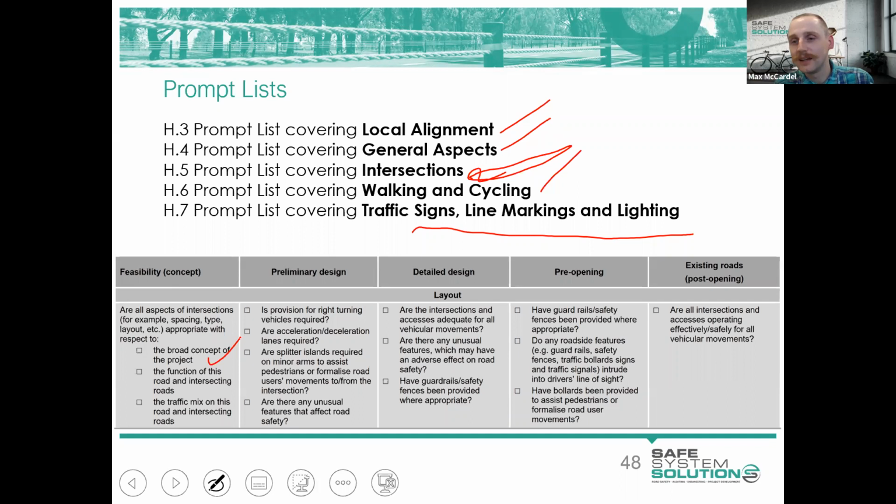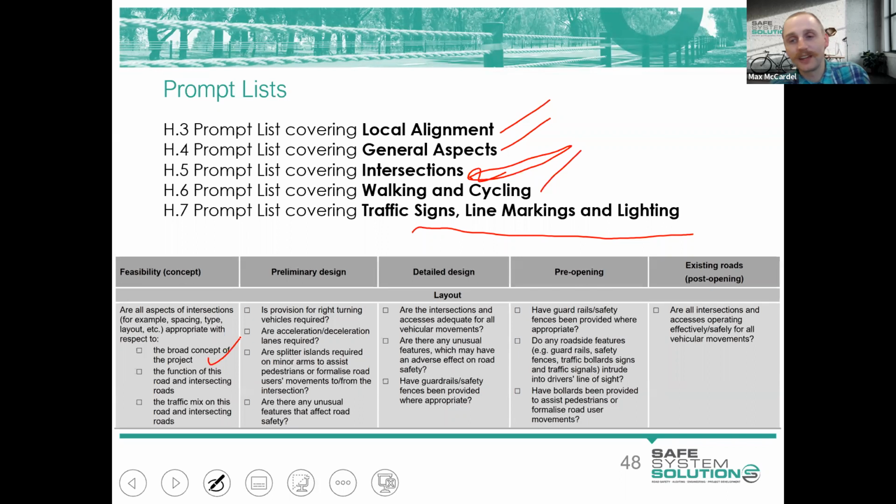You're not expected to then provide a paragraph answer to each of those dot points to stipulate exactly why this project does or does not achieve that particular prompt. They're purely there as a resource, just to bounce ideas off and maybe get the brain thinking in a certain way, something you haven't considered. So yeah, don't be too daunted if it's just pages and pages of prompts. They're meant to be taken with a grain of salt.